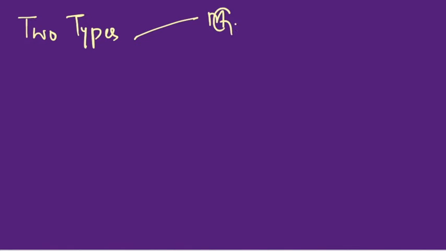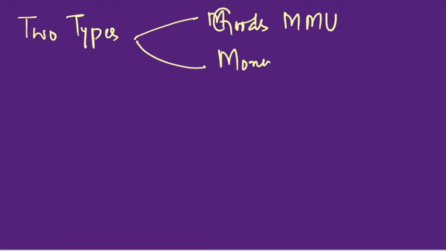Now, we can say there are two types of variables in the domain of macroeconomics. One is goods market macro variables, and the second type is money market macro variables. You can notice that this was not involved in microeconomics, because money is a macro subject. Directly we don't study money in microeconomics.